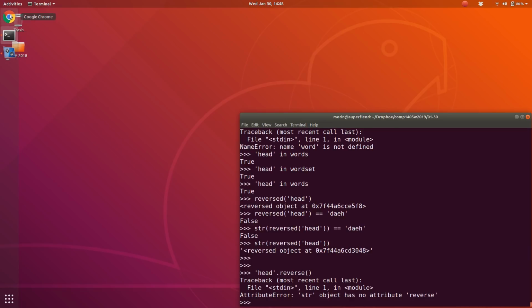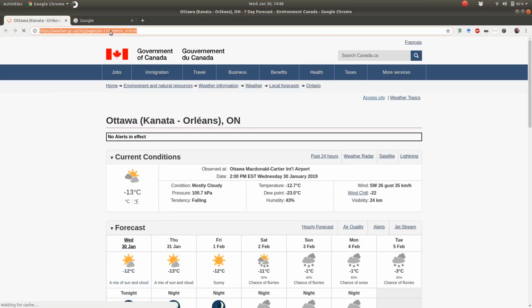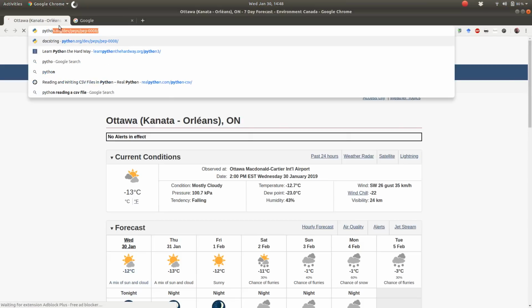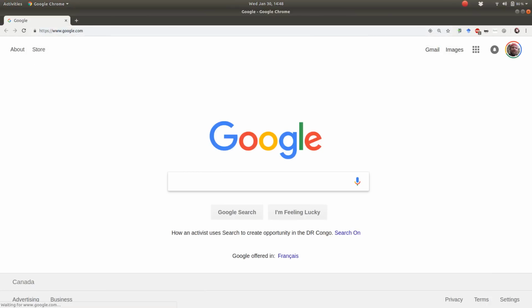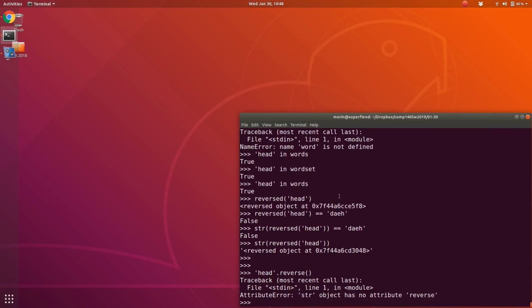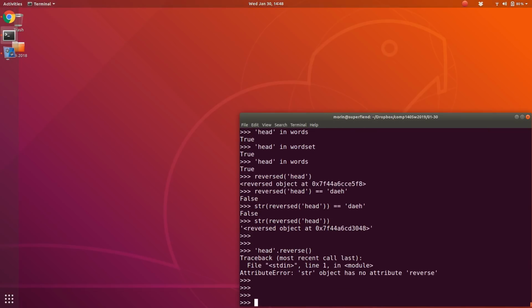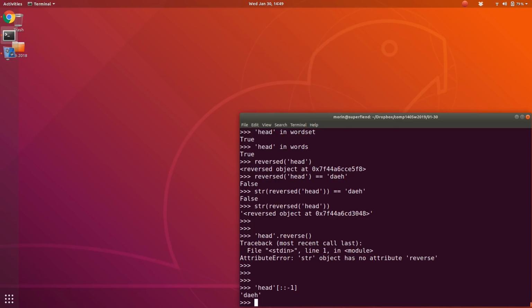Does anybody remember how we reverse strings? No? Oh, I remember. It's a one-liner. We use this fancy indexing. We ask for the whole string, starting from the beginning or someplace, and going all the way to the end, but counting by -1, so counting backwards. So that'll give us this thing reversed.